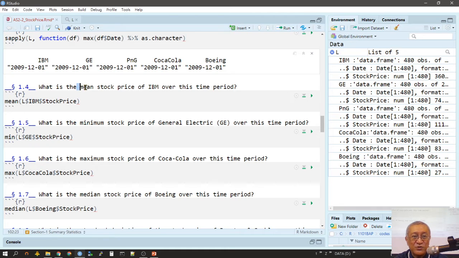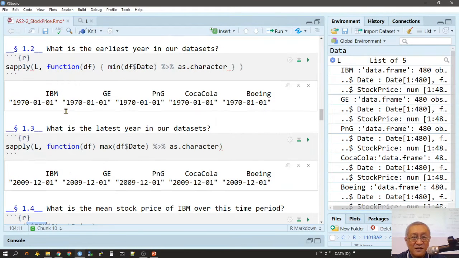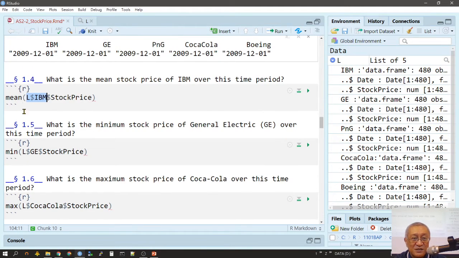Now you want to see the mean stock price of IBM. Because IBM is inside L, if you want to see the IBM data frame, you can use this expression. You can use the dollar sign and IBM, and it's kind of like indexing into a list.